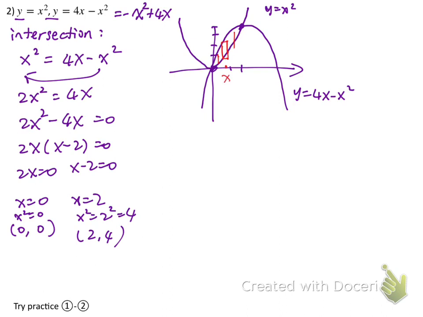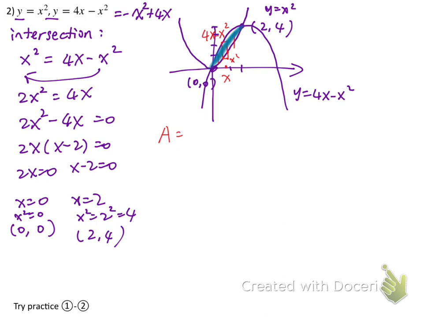Okay, so when x is here, the upper is 4x minus x squared, and the lower is x squared. Then our integral will be in this region that we are talking about. Remember, this is 0, 0, and this is 2, 4.